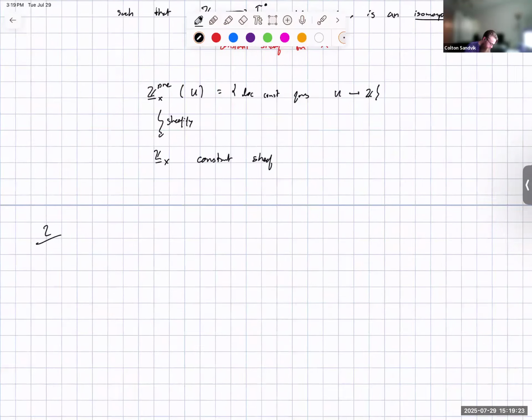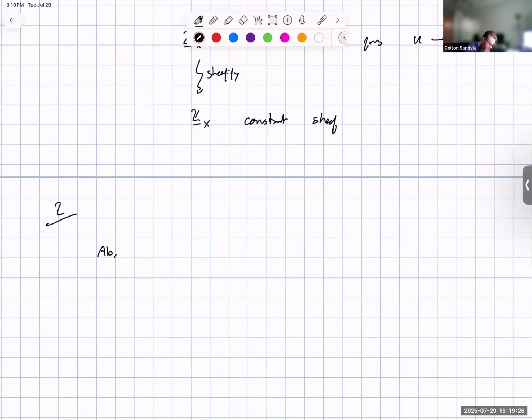I mean the examples that we usually encounter when we're doing homological algebra, things like abelian groups, sheaves, modules, etc. These are all abelian categories, and so they have things like kernels, co-kernels, images, direct sums, whatever. I mean, they're additive.